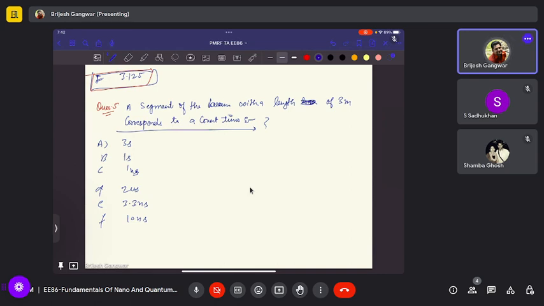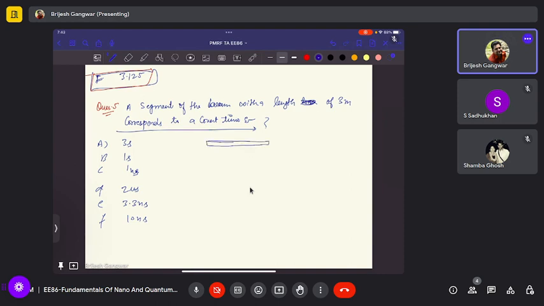And how did you calculate this? See, this is some light beam.